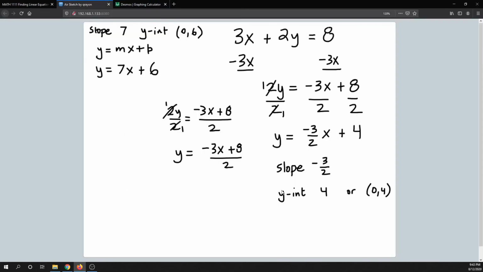Okay, last thing on this example is I said that minus 3x over 2 is the same as minus 3/2 x. Sometimes that's confusing to people. So what you would do is just pull this apart, like so.